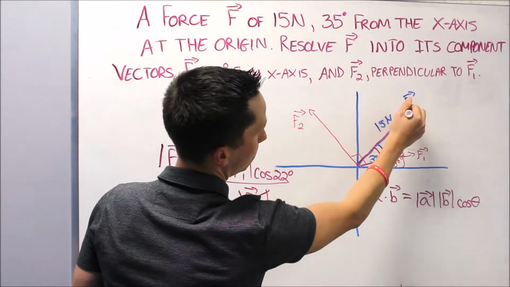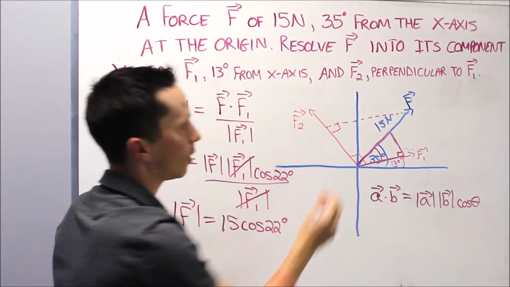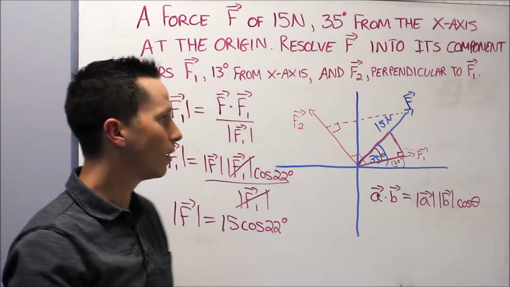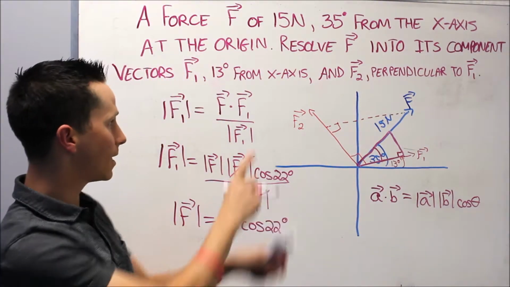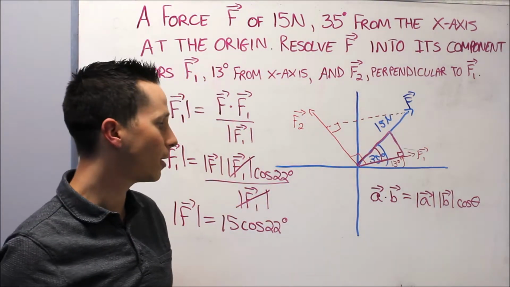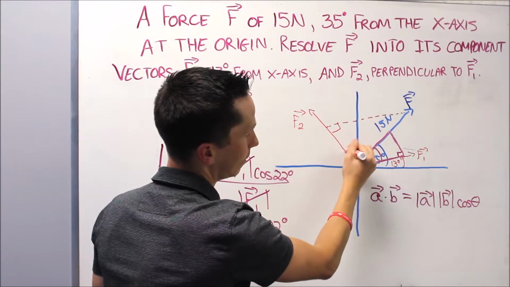Now, as this projects down onto F2, it again causes a right angle, right? So you can think of F projecting down onto F2. We're going to have the exact same situation with the algebra happen, and all we need to figure out is what's this angle here.